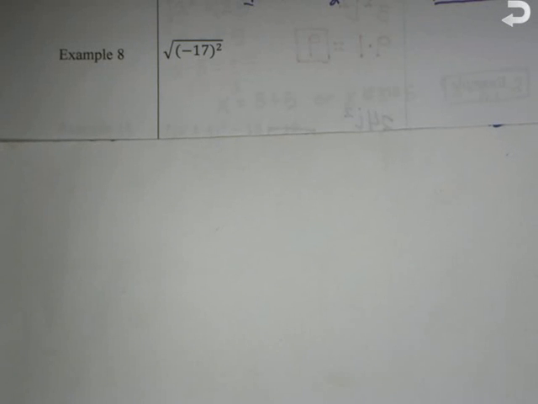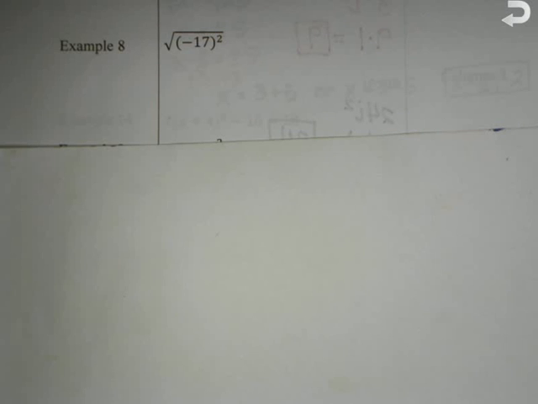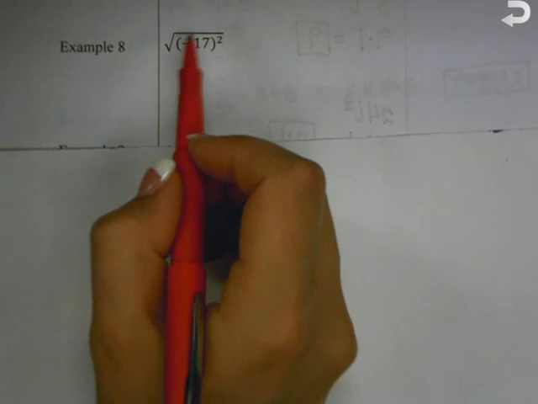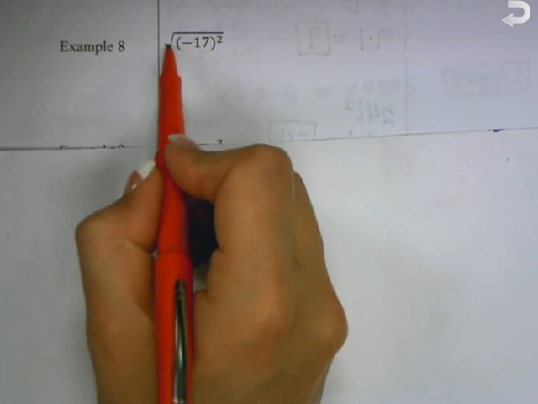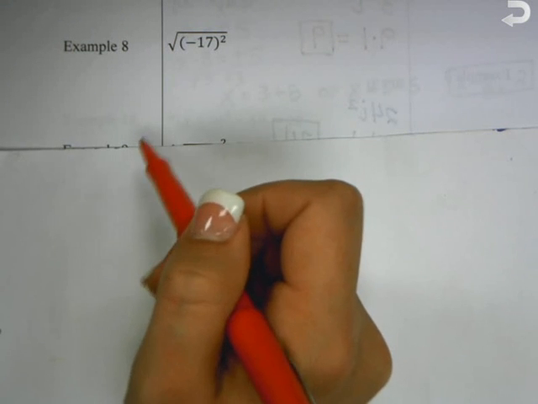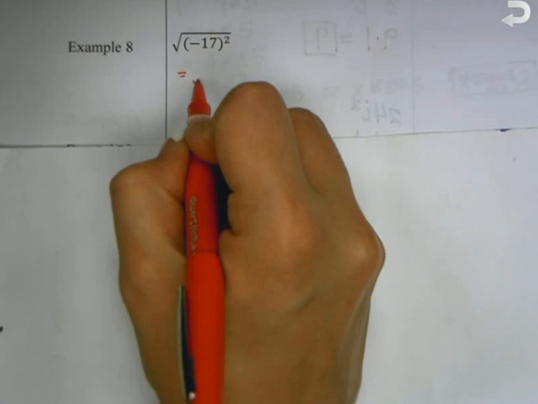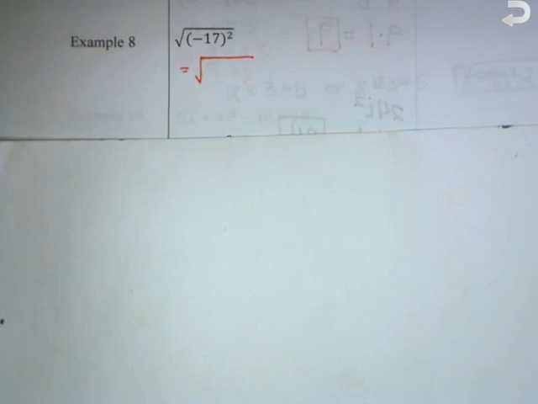Okay, so example 8. We have square root of negative 17, all of that squared. Okay, what is being squared here? The square root part or the negative 17 part? The negative 17 part. So what's going to be my answer here? I'm going to get the square root of negative 17 squared.